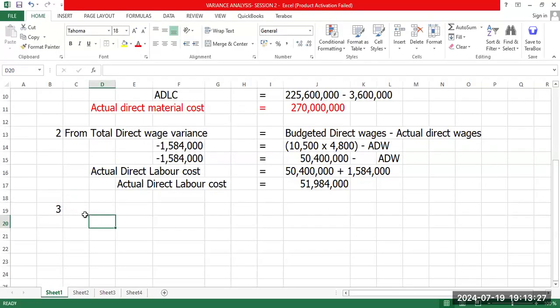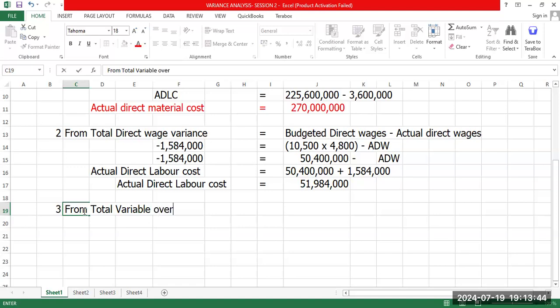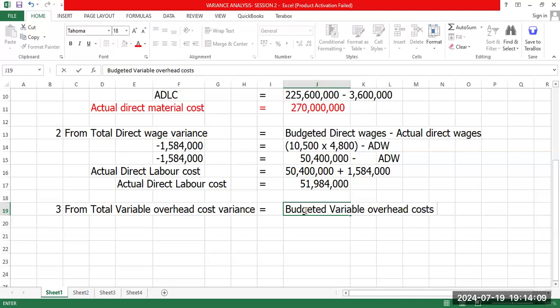So this will be from total variable overhead variance, the budgeted variable overhead costs minus actual variable overhead costs.